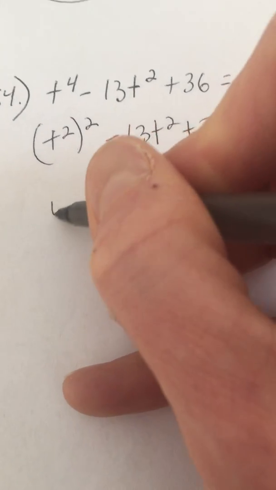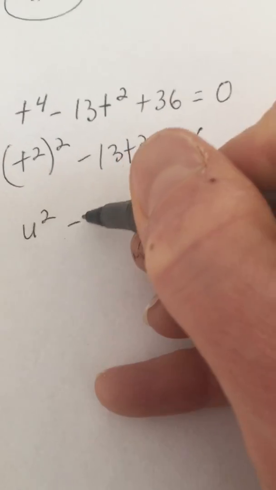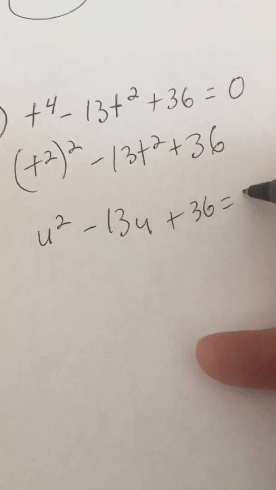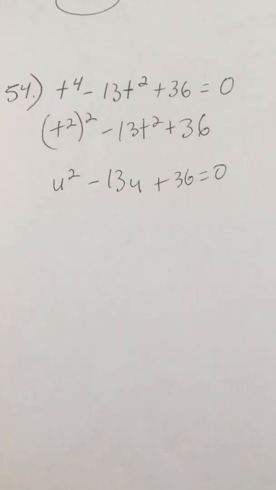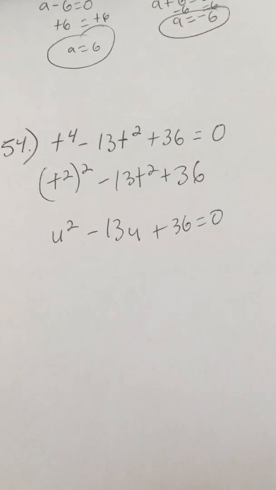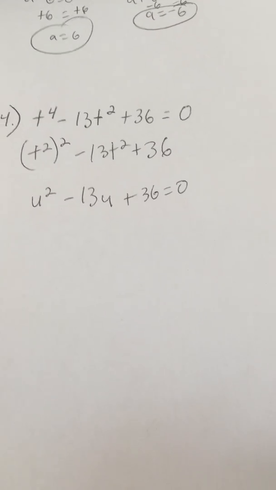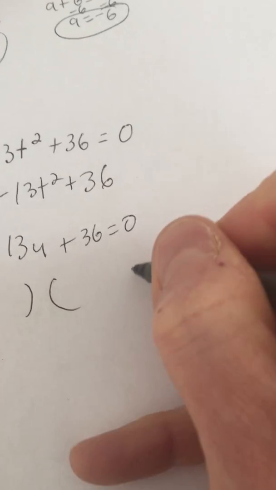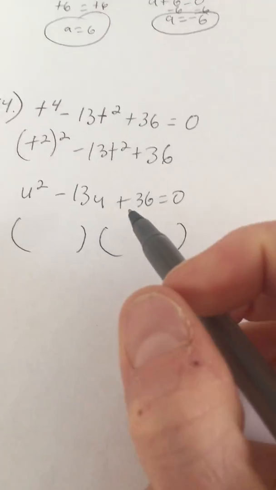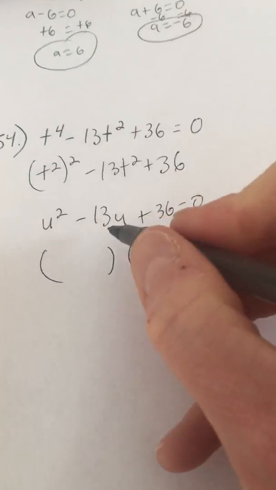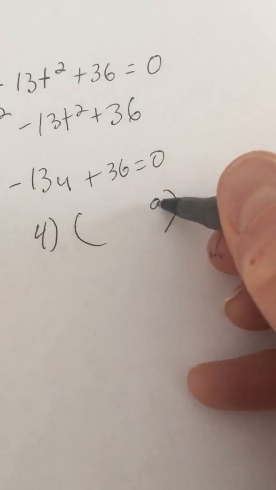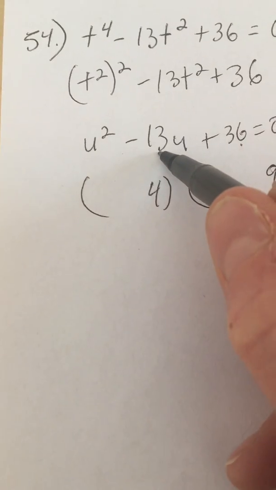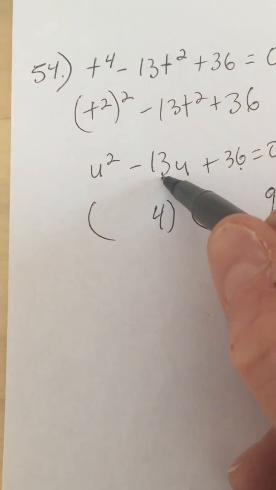So t squared becomes u squared minus 13u plus 36 equals 0. And then I'm going to factor this out. What I'm going to realize is 4 and 9 are going to multiply together to get me that 36, and then they're also going to leave me with this negative 13.